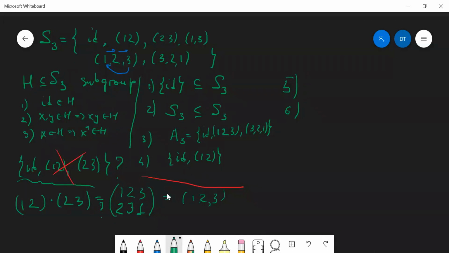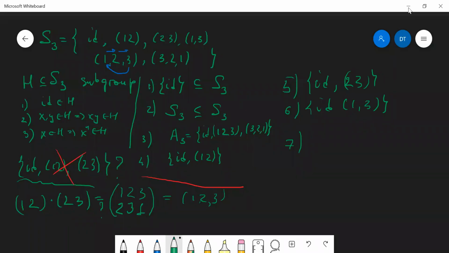You can produce 2 subgroups in a similar manner: the identity with (2, 3), and the identity with (1, 3). What are the other subgroups? Are there any other ones?